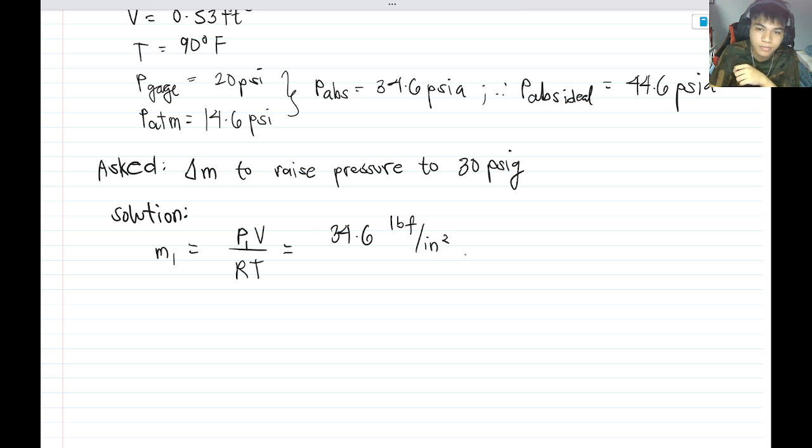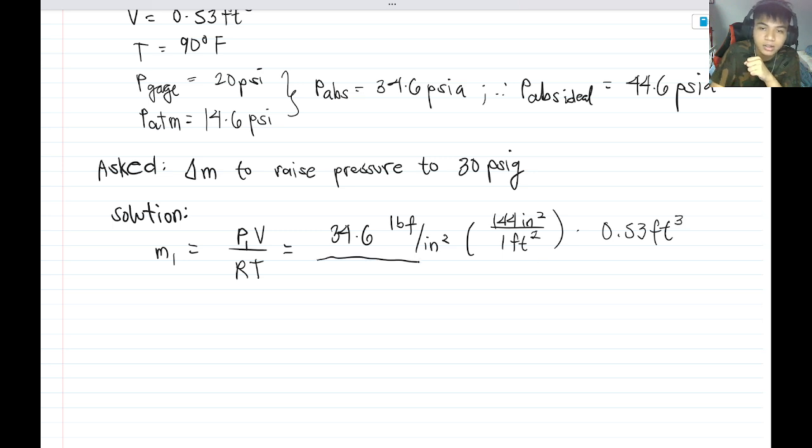We can do that by multiplying this by 144 square inches per 1 square foot. This is multiplied by the volume, 0.53 cubic feet, over R of air in English.